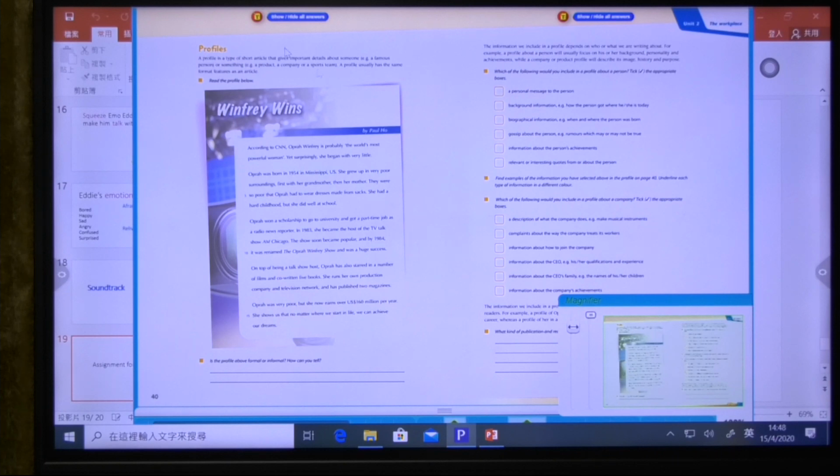This is a profile about a person who is called Winfred Wins. This is actually a very famous host in the USA, a lady. Read this personal profile of her and try to answer some of the questions. And try to write down some of the qualities of a profile. So this is what you need to do the day after tomorrow.